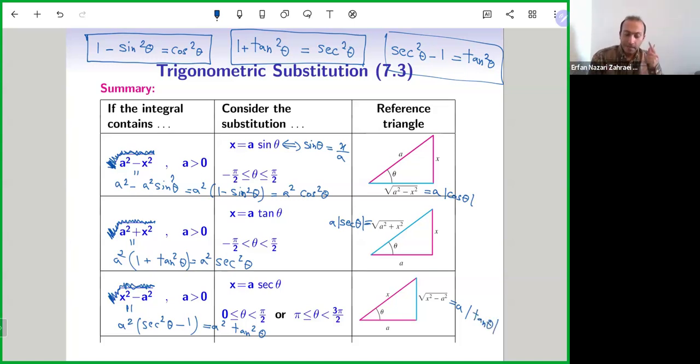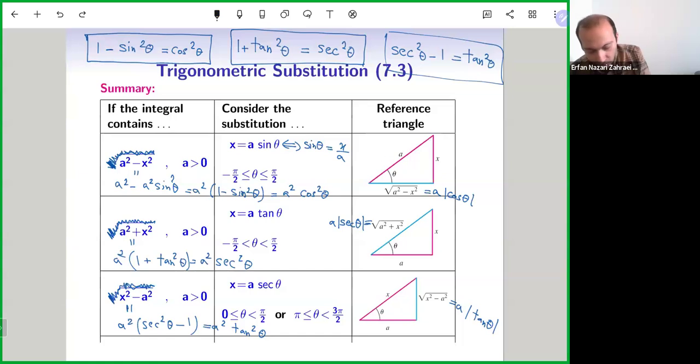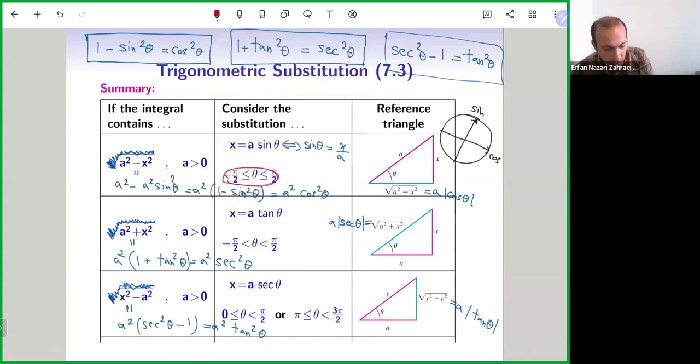That's what we have. But a very important point is that under these domains of theta that we have, let's see what happens. For example, on a unit circle with cos here and sine here, when you are in the range minus pi over 2 up to pi over 2, you are in this part, and you have the absolute value of cosine.